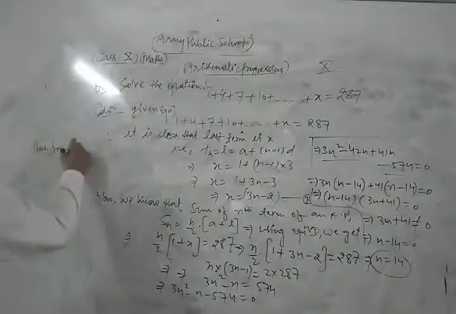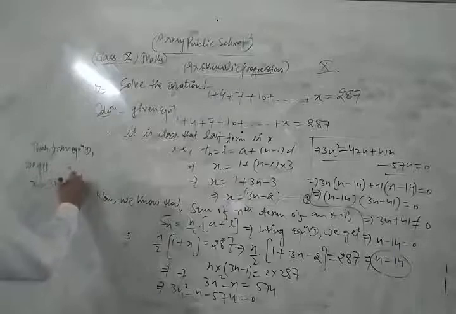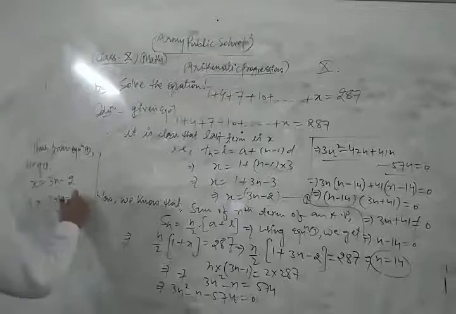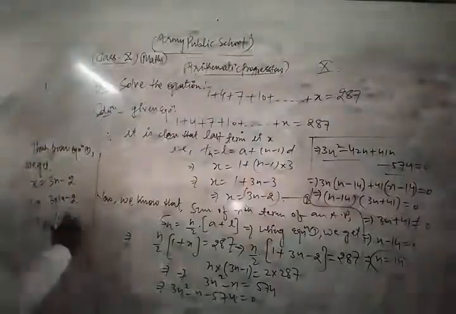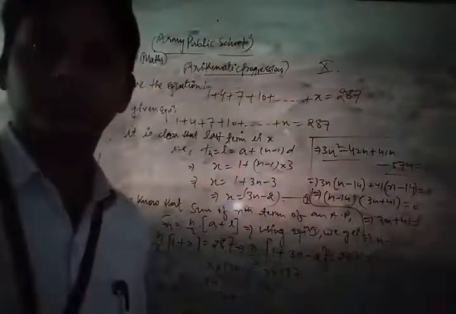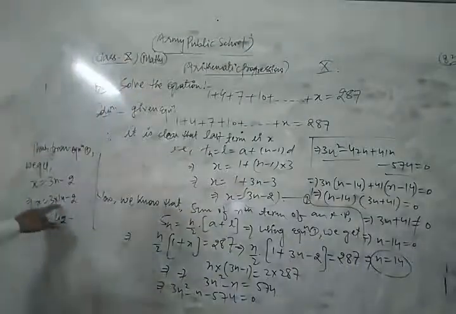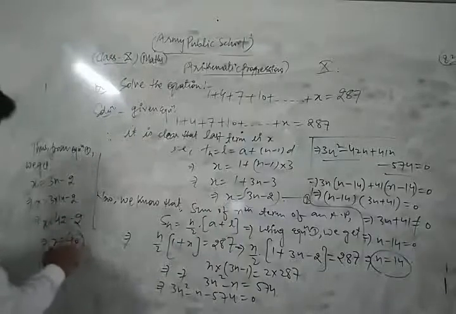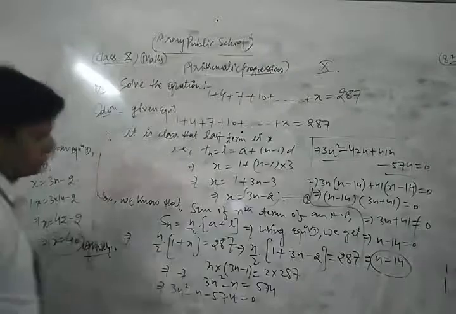From equation 1 we get x is equal to 3n minus 2, means we put n is equal to 14. 3 into 14 minus 2, that is x is equal to 14 3s are 42, so 42 minus 2, that is x is equal to 40. This is the required solution of the given question.